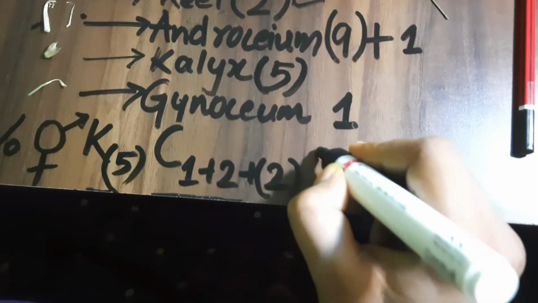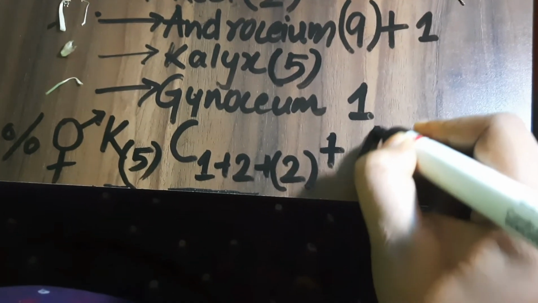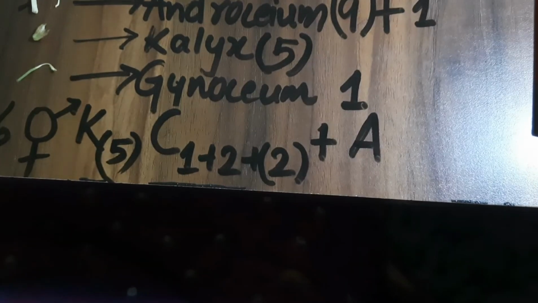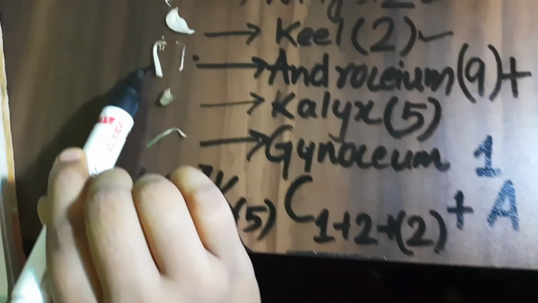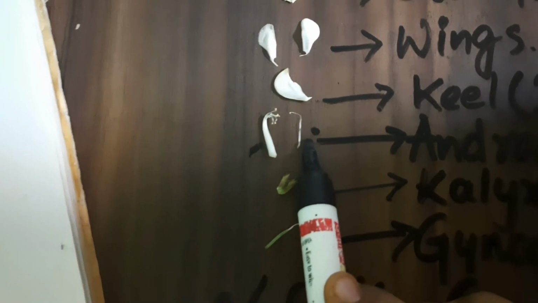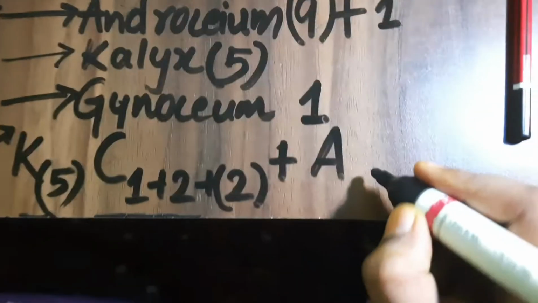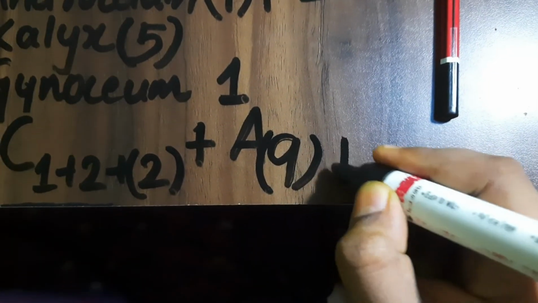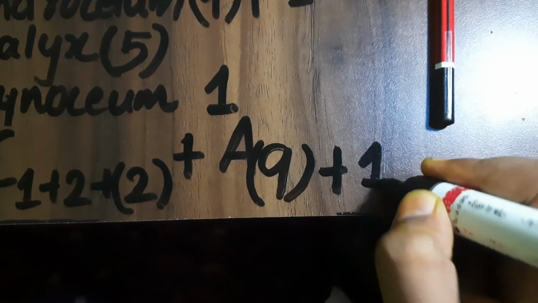Next is the turn for androecium. There are 9 androecium which are united and 1 is free. So we will write 9 united androecium plus 1 free.